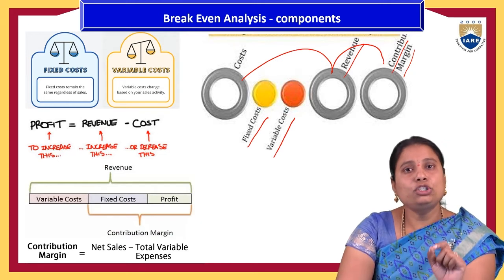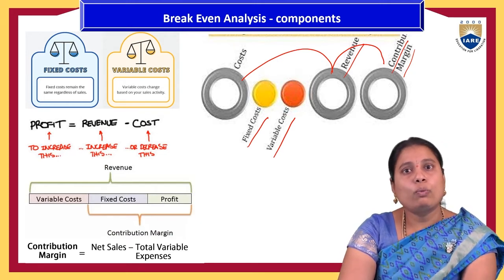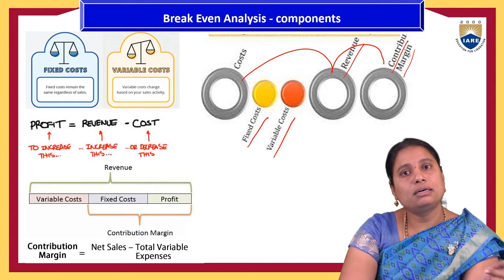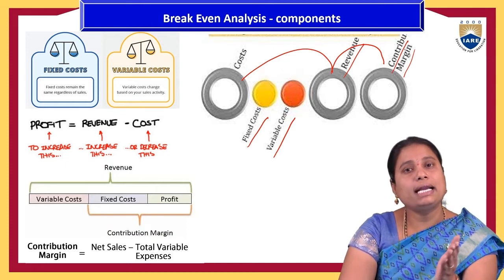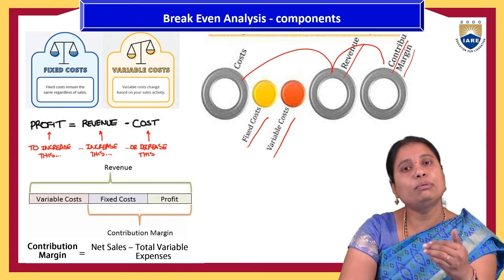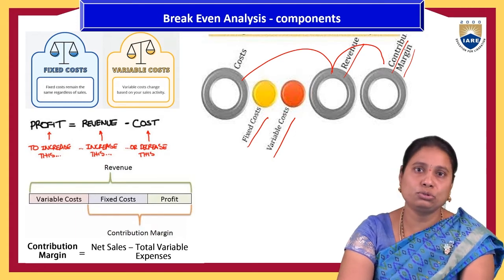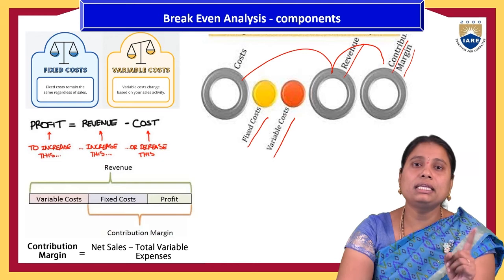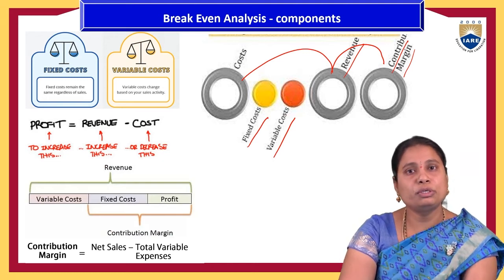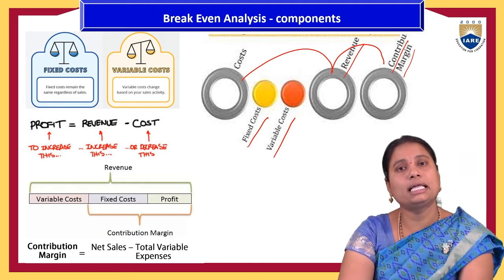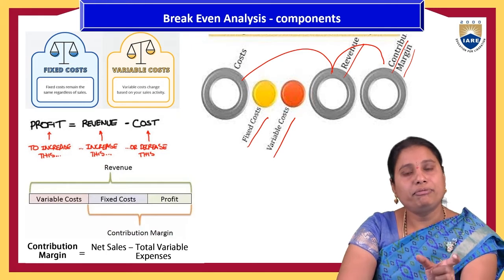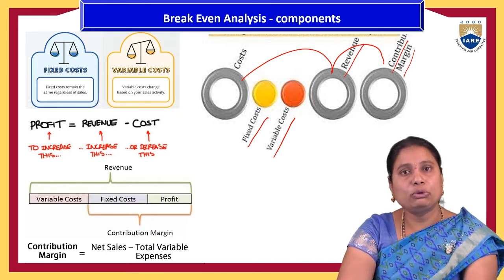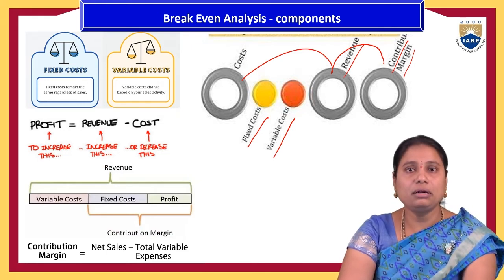And for each product, 1 kilo of material is used, which means for 100 products, 100 kilos of material has to be used. 1 kilo of material is equal to 100 rupees, meaning they have to spend 10,000 rupees for the production of 100 units. That is the variable cost.